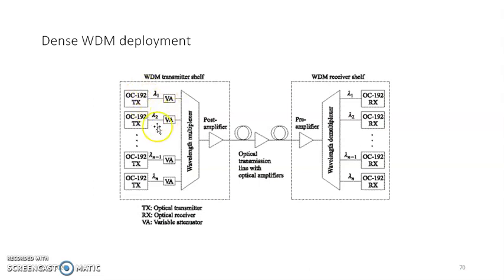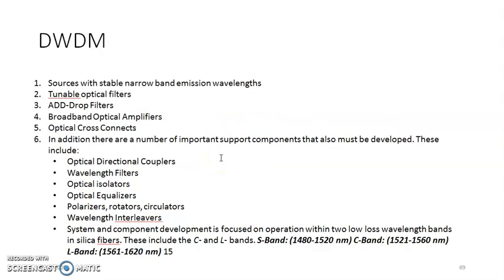In WDM, there is separation in the wavelength, and in dense WDM a lot of narrow wavelengths are used. Here this one is a transmitter, this one is a receiver. Along with that, we can use the filters and the amplifier. These are the various components that we can use in WDM.